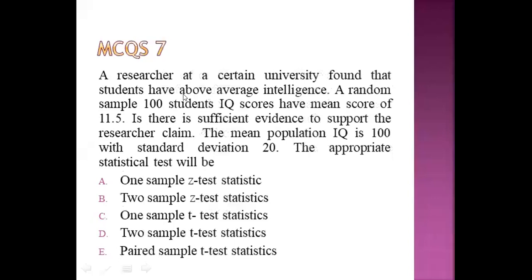A researcher at a certain university found that students have above average intelligence. A random sample of 100 students' IQ scores have a mean score of 115. Is there sufficient evidence to support the researcher's claim? The mean population IQ is 100 with standard deviation 20. The appropriate statistical test will be: one sample Z test, two sample Z test, one sample T, two sample T, paired sample T test.